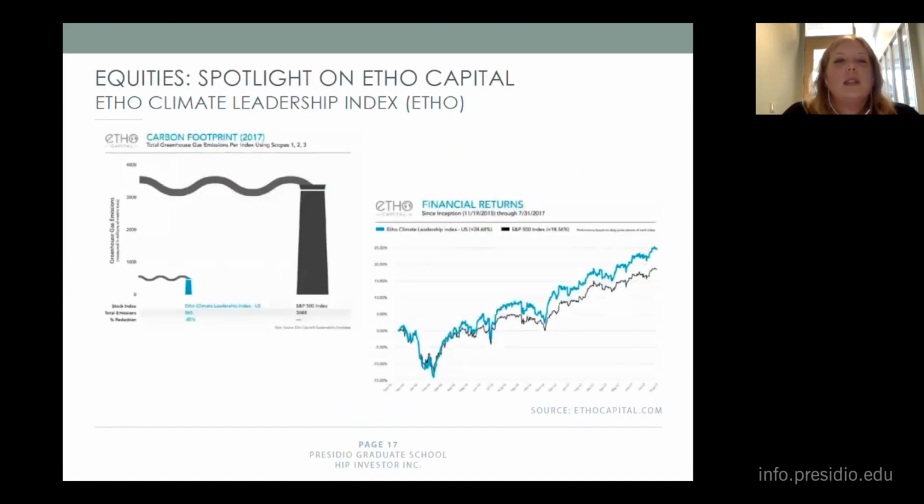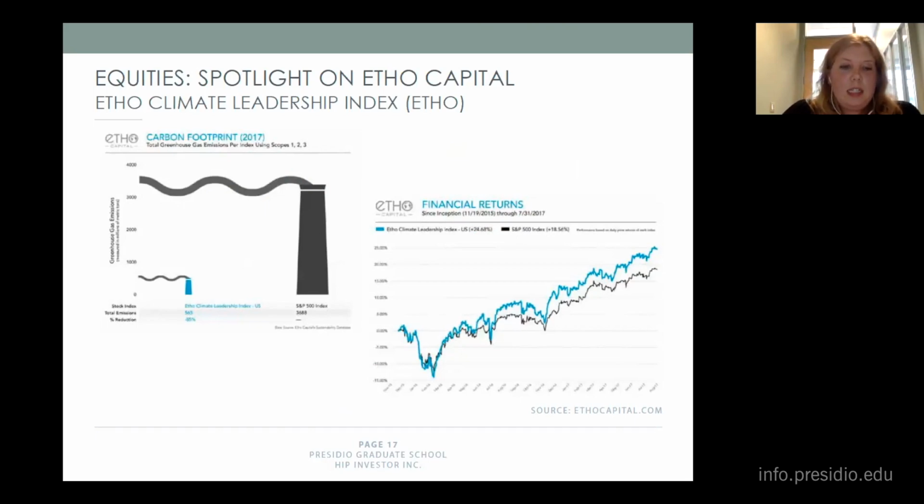So this is a spotlight on ETHO Capital. Their flagship offering is the ETHO Climate Leadership Index. ETHO is the first broad-based, diversified, socially responsible, and fossil fuel-free exchange-traded fund that does not have exposure to the energy sector.